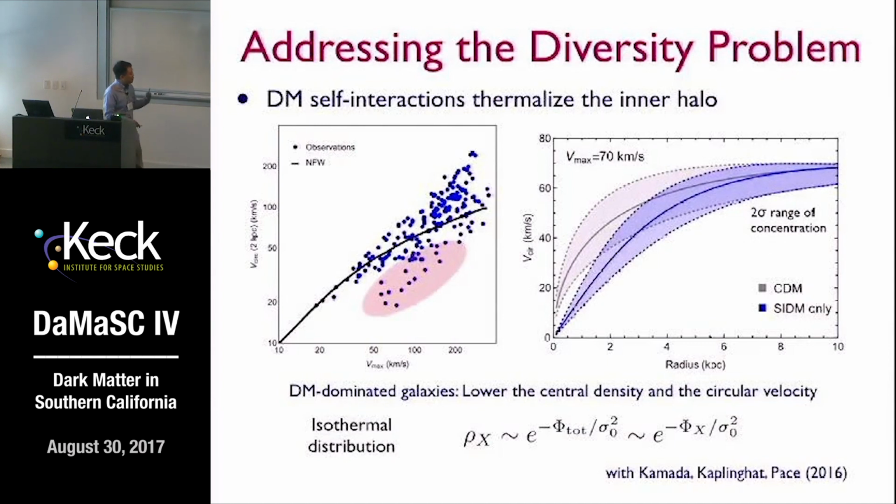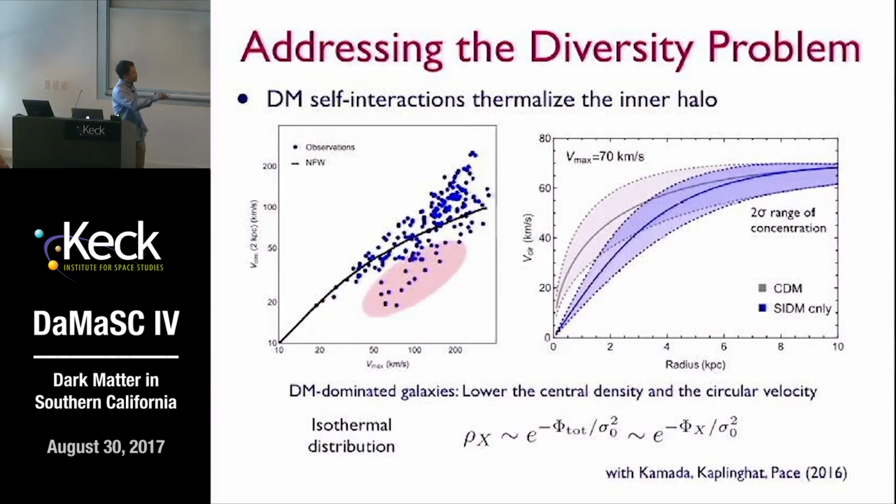And then you know that if baryons are not important, then the central density will be lower because of collisions, and accordingly the circular velocity will be lower, right? So this point, the lowest point, is about 20 kilometers per second. Within 2 sigma, SIDM can give you about 20.